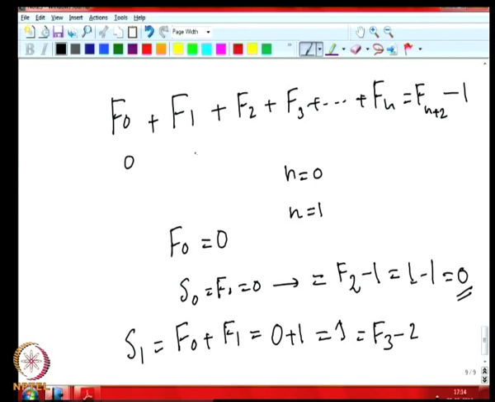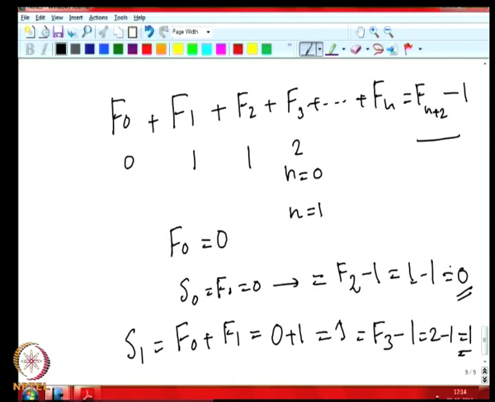This is 0, this is 1, this is 1, this is 2, right. So we get 2 minus 1 is equal to 1. So that is also correct. We have verified this formula for small values of n, and it seems to be working out.